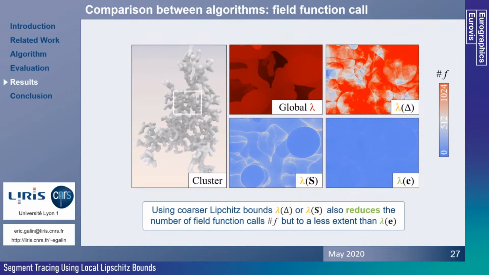Local Lipschitz bounds over the ray or the sphere also reduce the number of field function calls, but to a lesser extent. Still, as we mentioned earlier, we may need to adapt the local Lipschitz evaluation on the fly when traversing the tree, depending on the type of node.